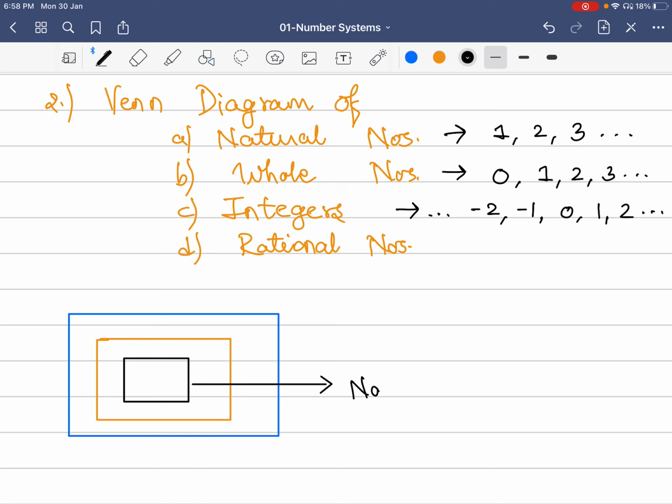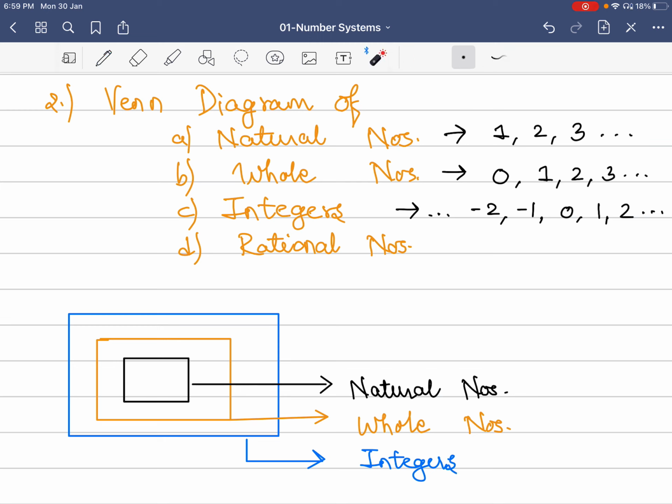Then this is whole numbers. And finally we have our integers. So natural numbers, whole numbers, and integers.